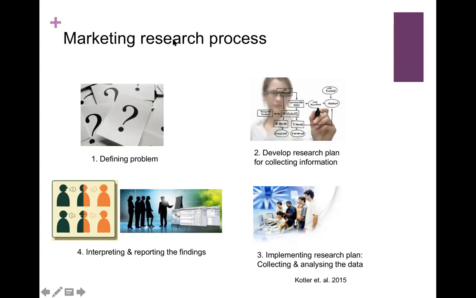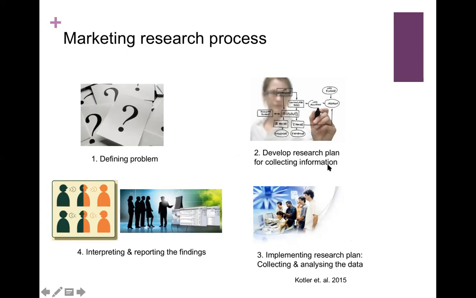Now after we make that decision about the secondary data, we then need to decide the other issues. But before that, I just want to briefly discuss the next stages in our research process. We move on to our discussion of the research plan.